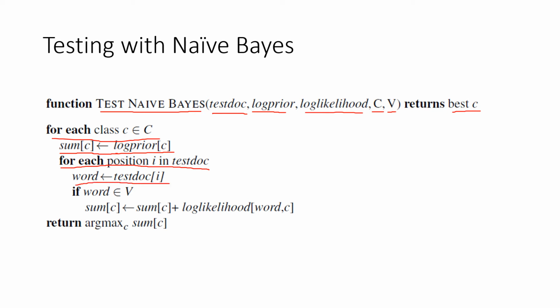From a test document, if it is a word from our vocabulary, we update the variable sum of C by adding to it a log likelihood of a word given a class. And in the end, this procedure will return the most likely class, that is the maximum value of all sum of C.